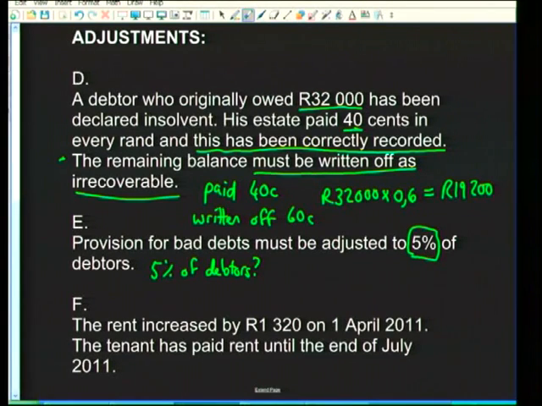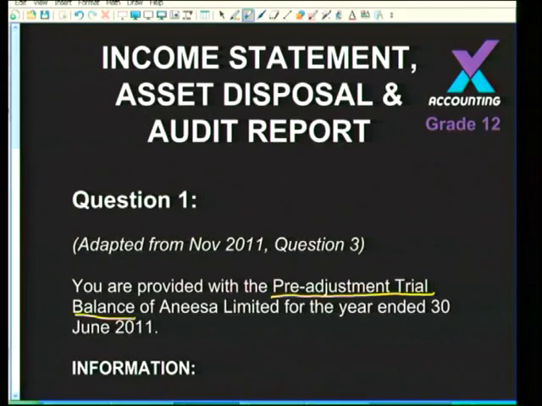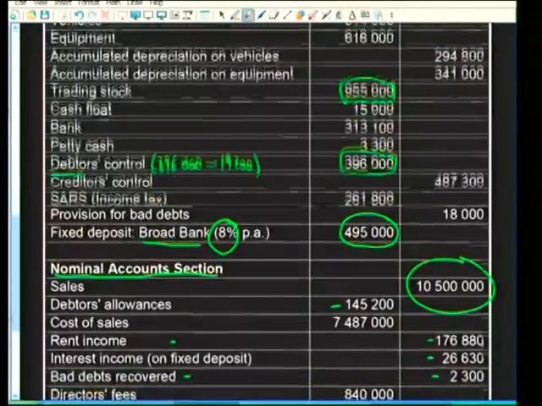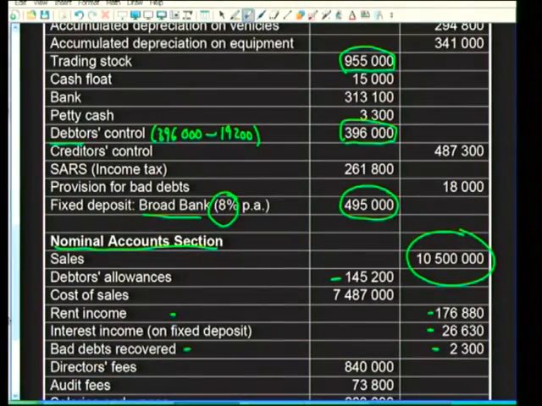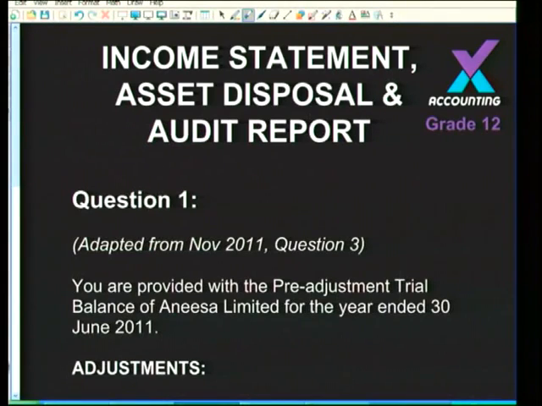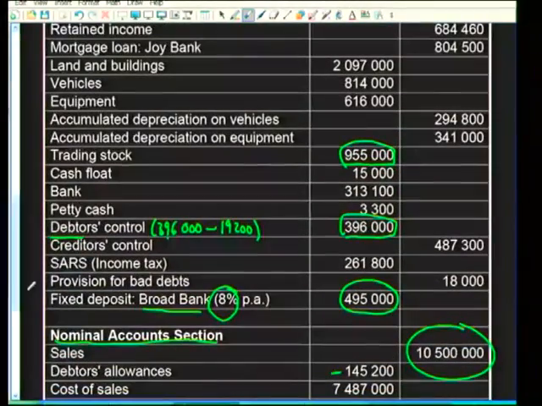Can you see that we have just calculated a new debtors control number? The new debtors control number is this 396,000 over here minus the 19,200 that we've just written off. So when we are calculating what the provision should be, we should use this figure and calculate our new debtors control.